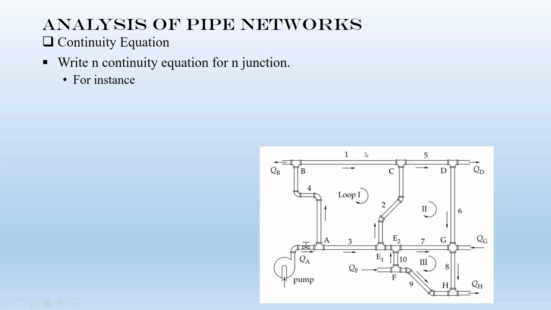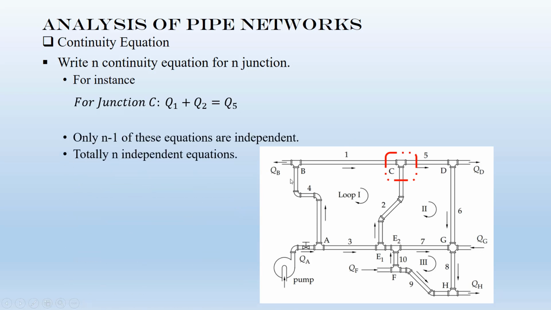Or the continuity equation for junction C is Q1 plus Q2 equals Q5, correct? So if you have n junctions, you can write n equations. But keep in mind that only n minus 1 of these n equations are independent.